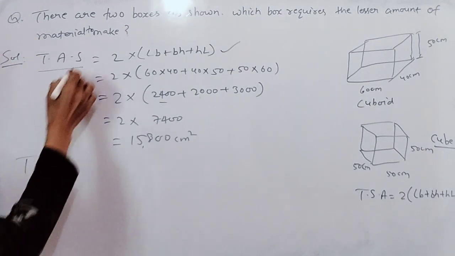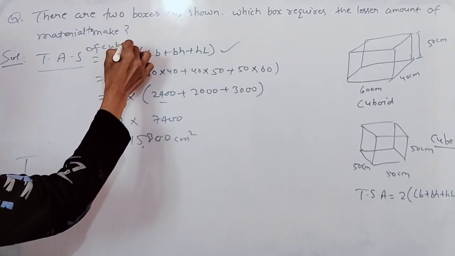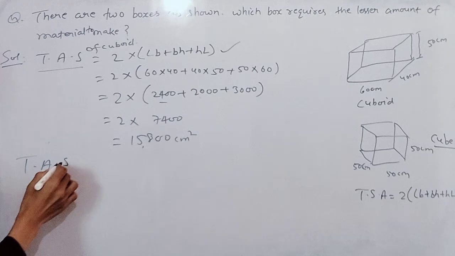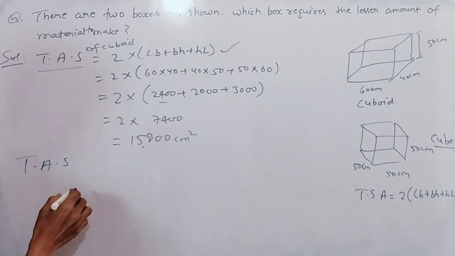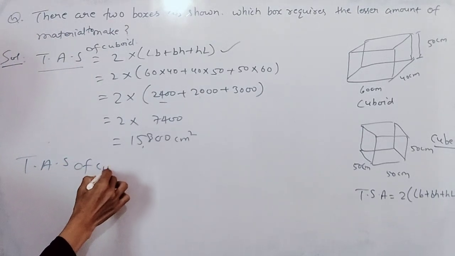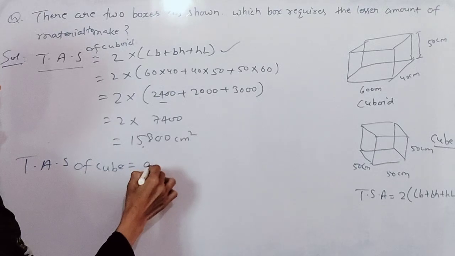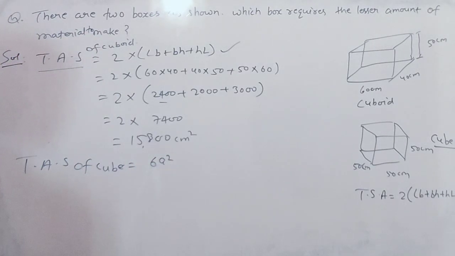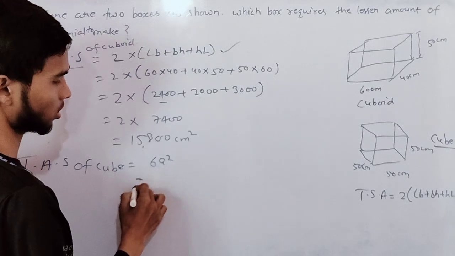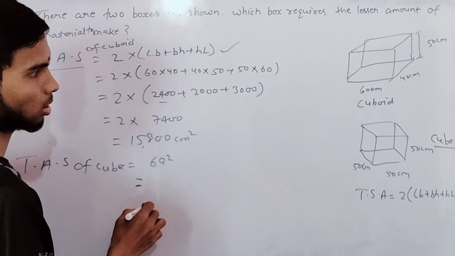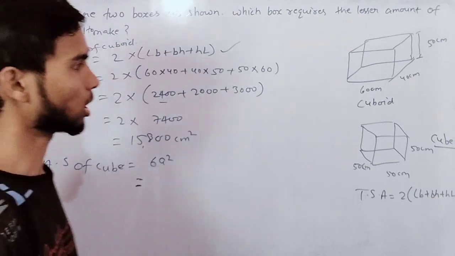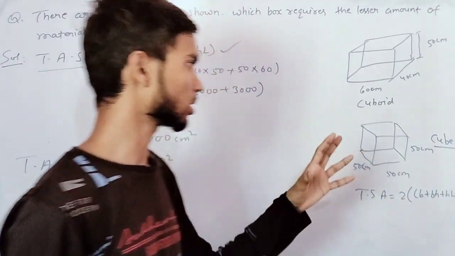Now the total area surface of the cube would be what? 6a square. There are six surfaces.